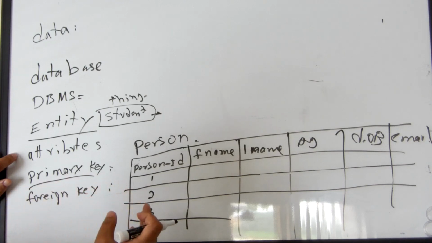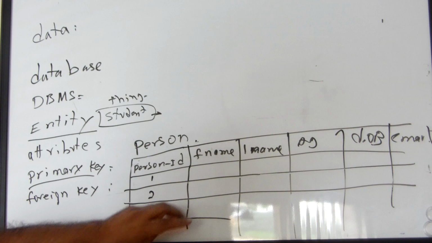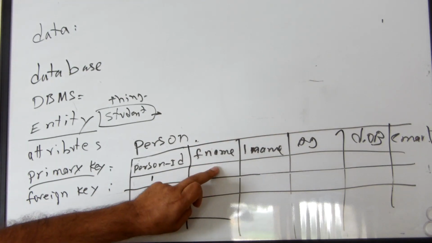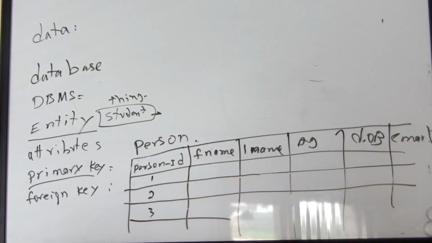There is no similar one to that. If you want to say, use the first name as a primary key, you cannot do that, because there are many Johns. Last name will be the same, age too. Or email, or date of birth may be similar.